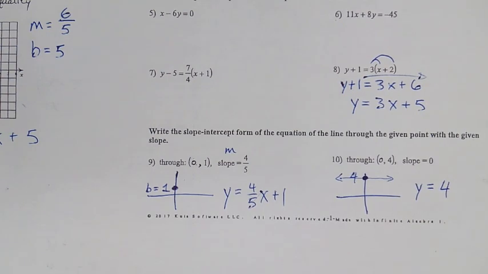Okay, so that was the homework from yesterday. How many of you were able to do the majority of these questions? Good. Okay, so this is like the core of this whole linear relation unit. So when we have that big unit test, you'll be fine.